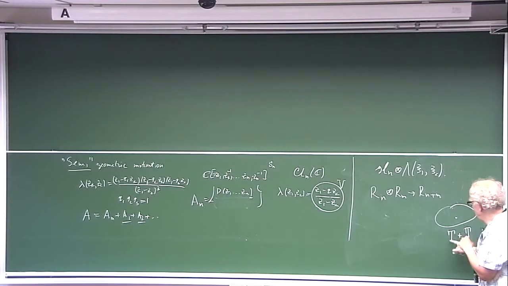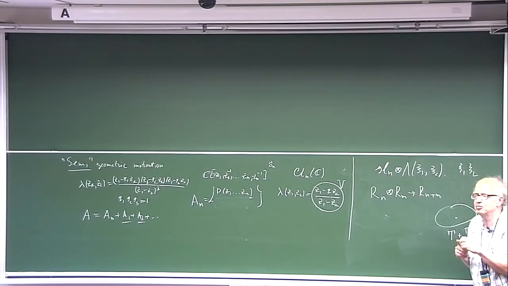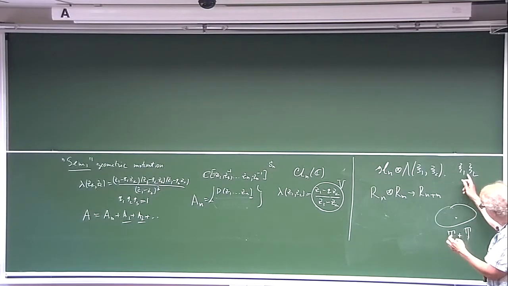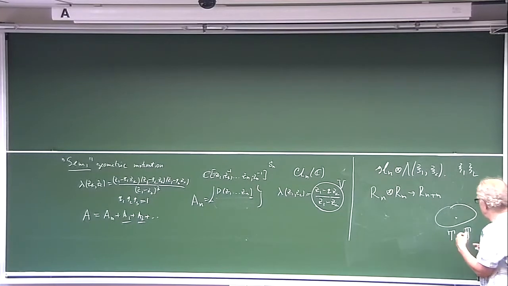And both of them will be odd. But we also have something related with Xi1 and Xi2, and this will be even part. So this supermanifold is looking like this: the even part of this Grassmannian plus contribution of this, and the odd part is this.